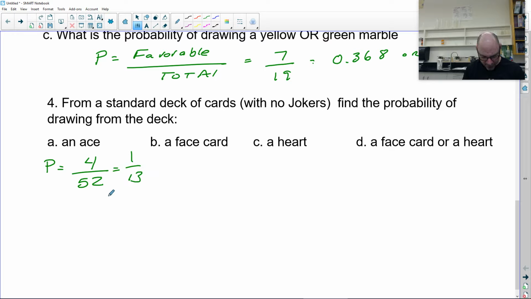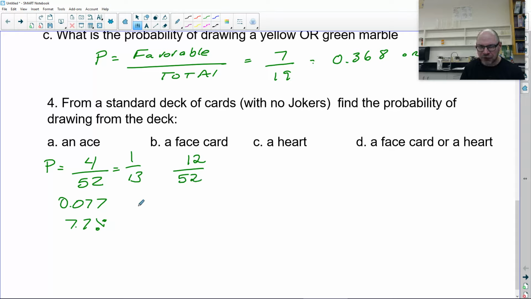And if we write that 1 divided by 13 as a decimal, it's 0.077 or 7.7%. Okay, a face card, we have a jack, queen, and a king of hearts, spades, diamonds, and clubs. So there's 12 out of 52.